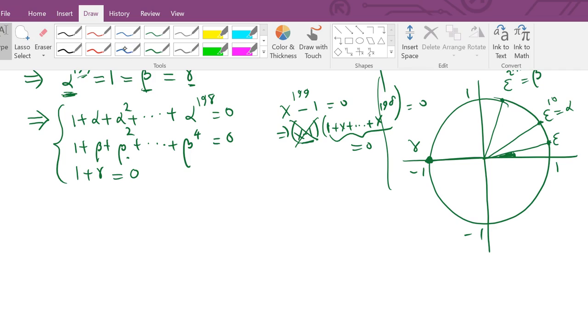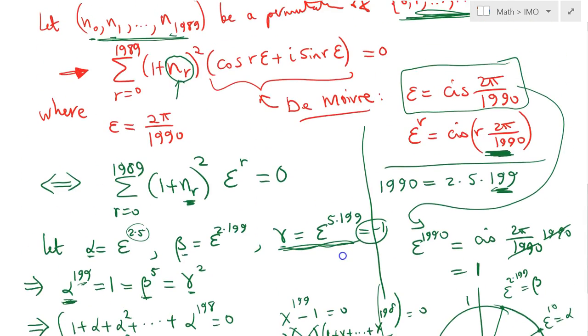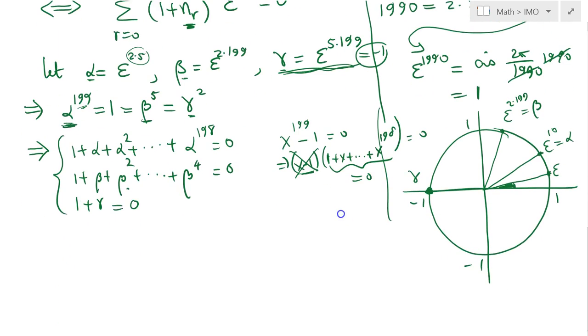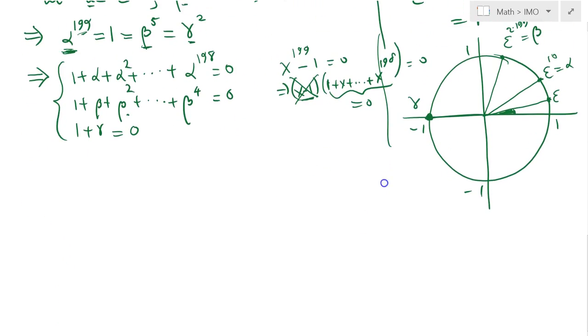Now let's begin the solution. We have enough background. So now consider this set of triples.